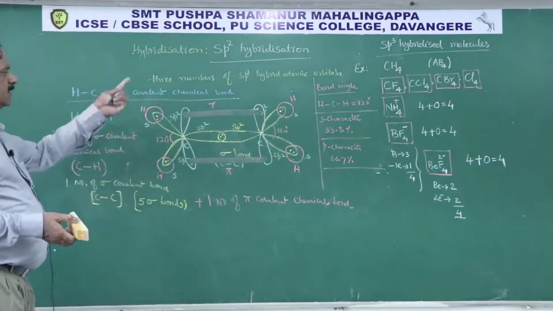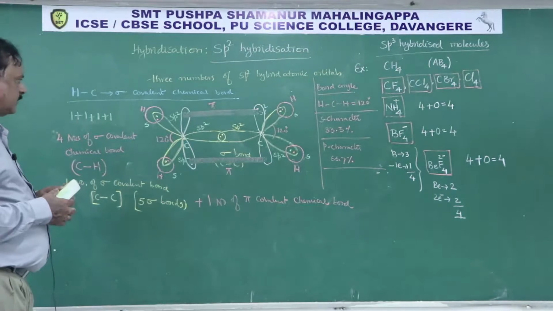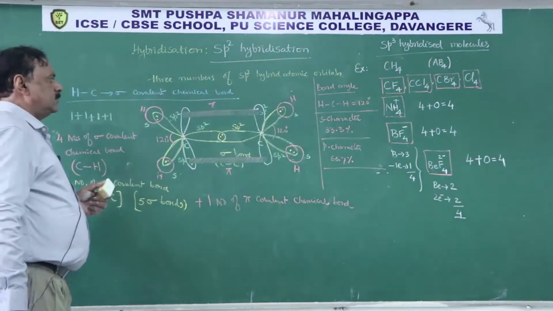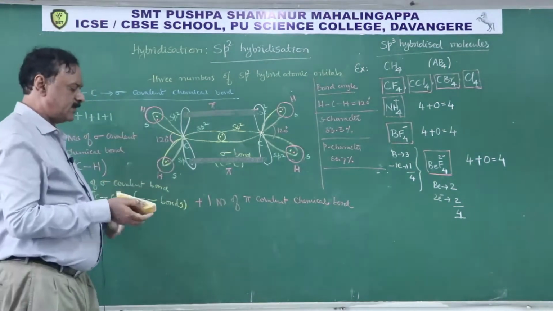Okay, this is about the hybridization of sp2 hybrid molecules. Now this is the pi covalent chemical bond. Very important.